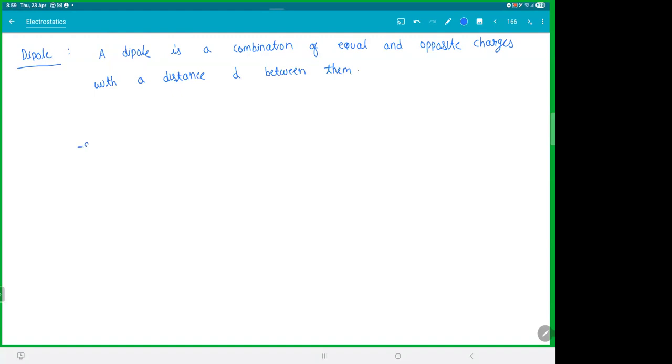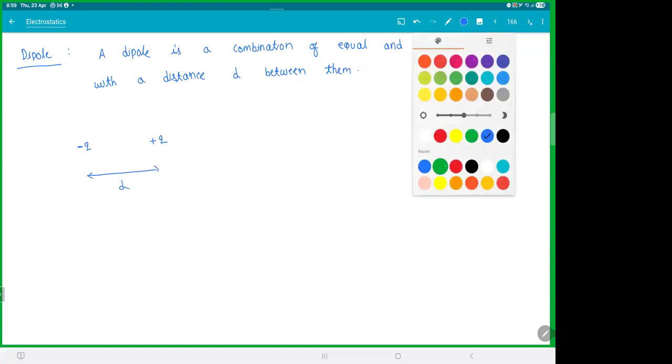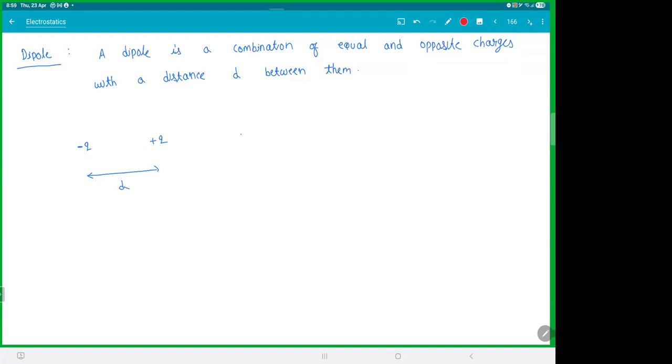Straightforward. So if you have a minus q and if you have a plus q, and if the distance between them is d, we represent this with a vector called p bar, which is the dipole moment, which is q into d. And the direction is taken from minus to plus.